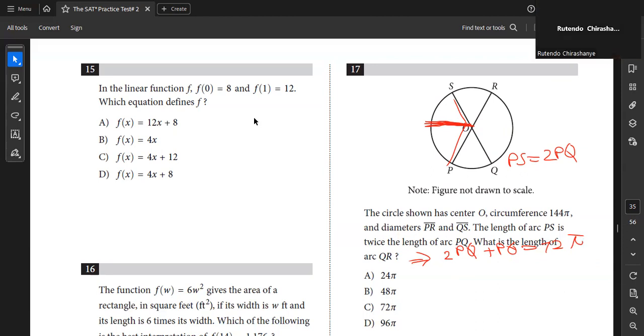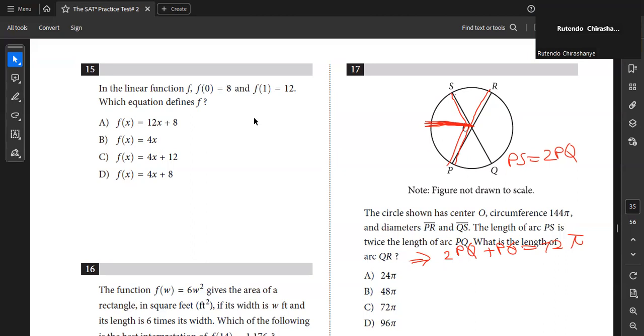Remember, if the diameter is 144, we're going to divide this into half of the circle, right? Because PR and QS are the diameters, and we know that PS plus PQ is going to give you the diameter.